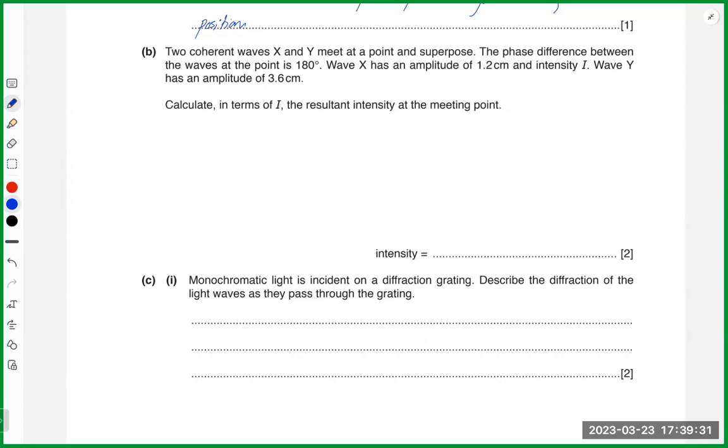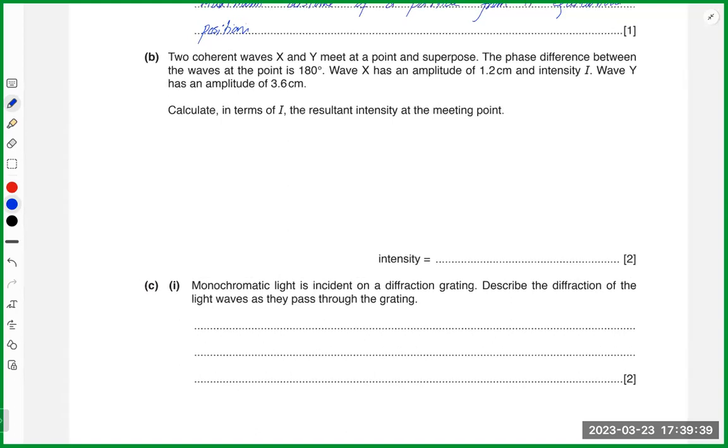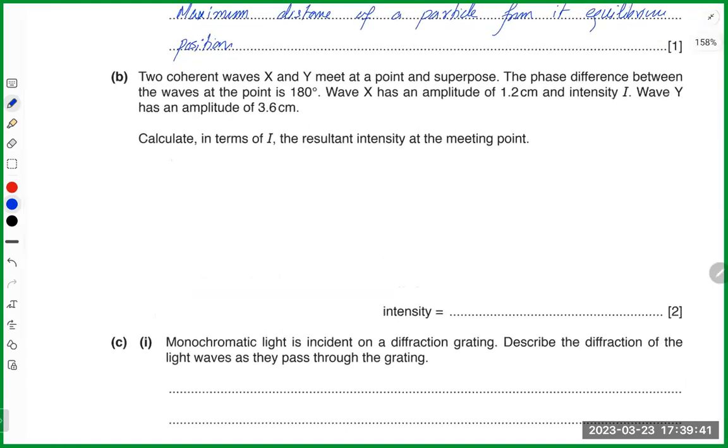If they are out of phase by 180 degrees, obviously they're undergoing destructive interference. Resultant amplitude should be equal to 3.6 minus 1.2 equals 2.4 centimeter.